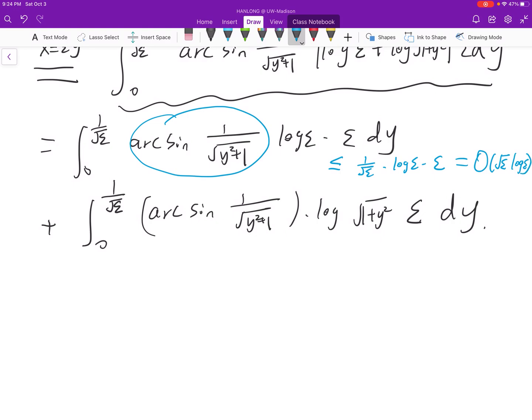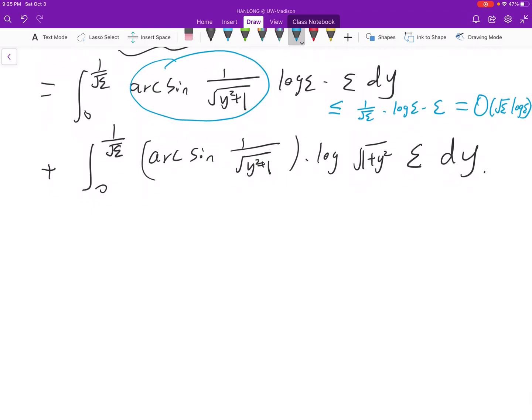Okay, and then for the second one, you separate this further.